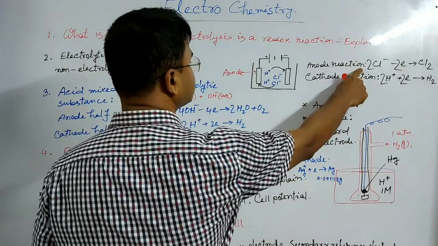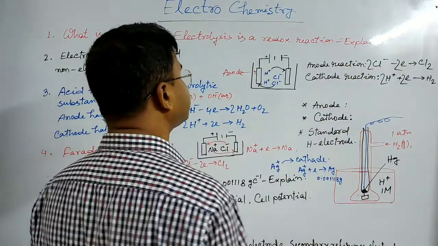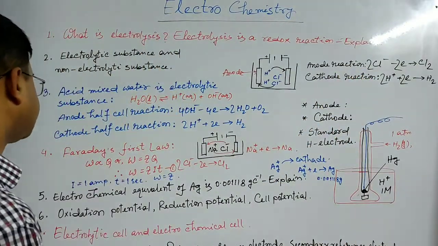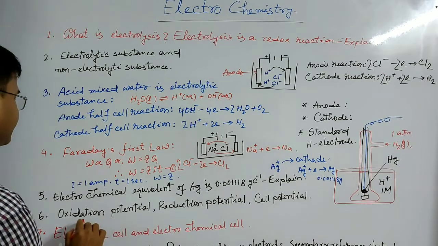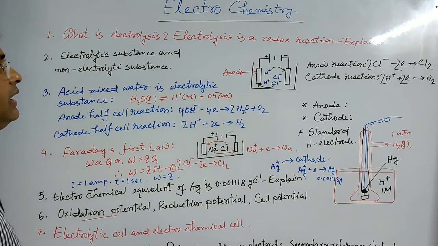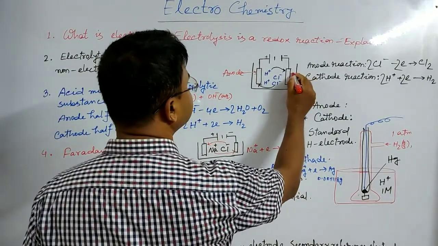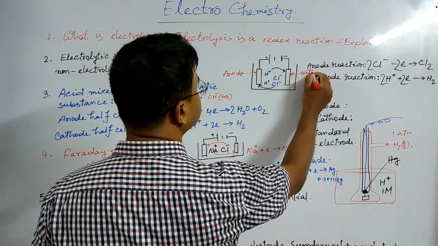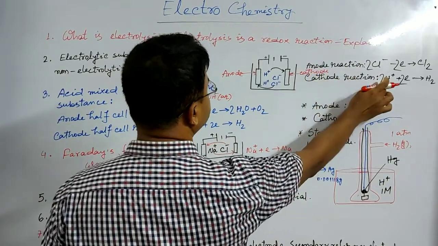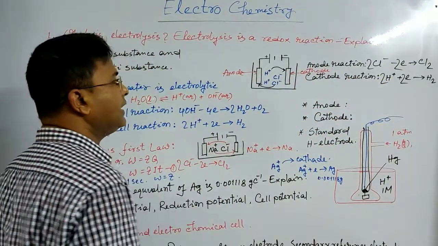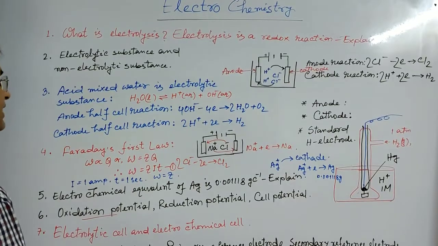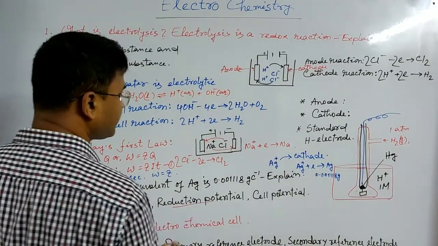Oxidation reaction occurs and energy is changed. This changed energy is known as oxidation potential. And at the meeting point of cathode and electrolytic substance, reduction reaction takes place and energy is changed. This changed energy is known as reduction potential.